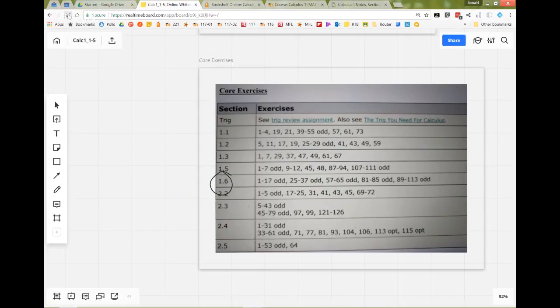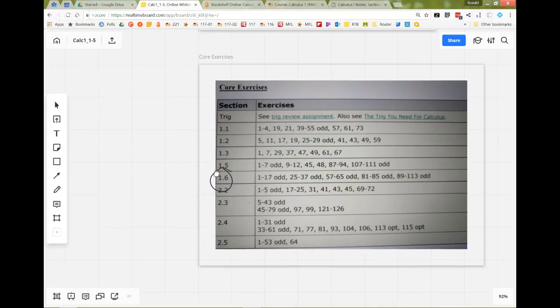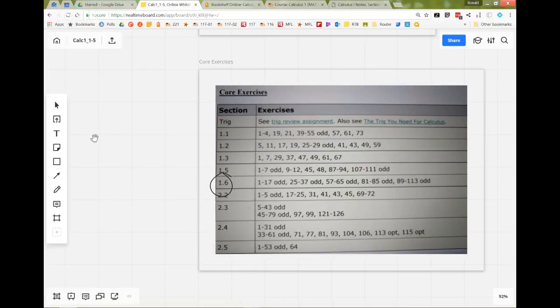There's 5 different sections of odds that they're requiring. I'm in the wrong place. You're right, Richard. It's 1-5. Okay, so let's get rid of that. We're on 1-5, so it's a 1-5 assignment.